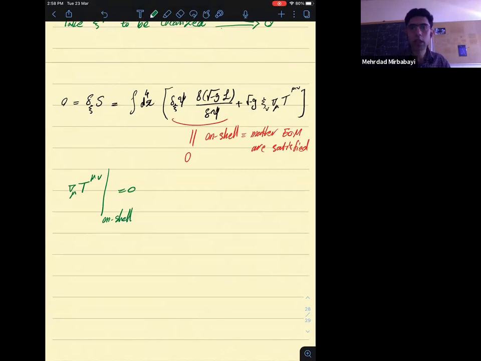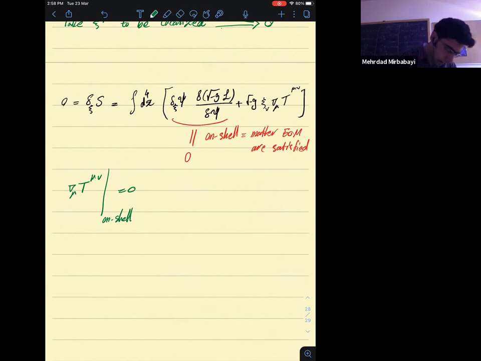So that's why I called it T mu nu, because I constructed a symmetric rank 2 tensor which is conserved on shell. So this is a natural candidate for the energy momentum tensor of this matter fields.